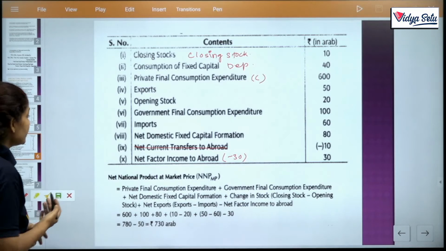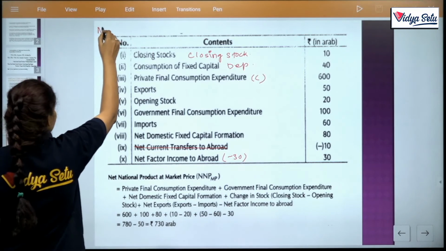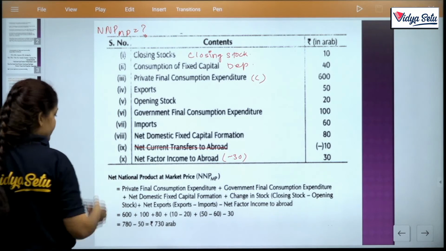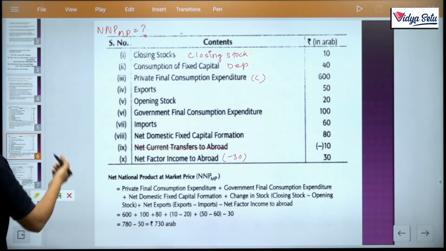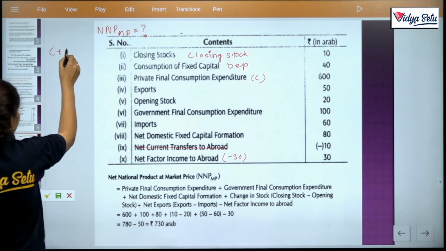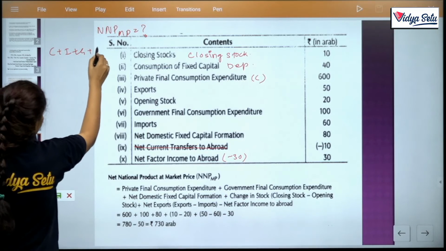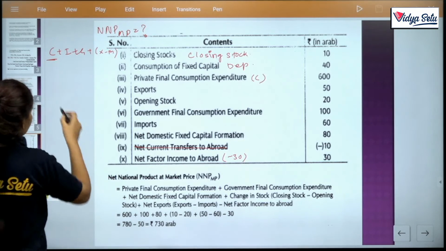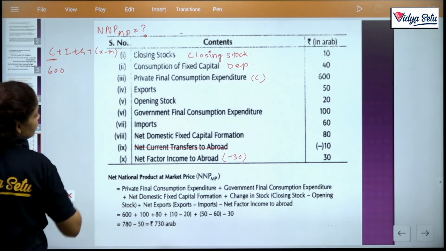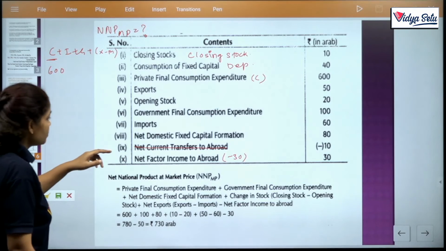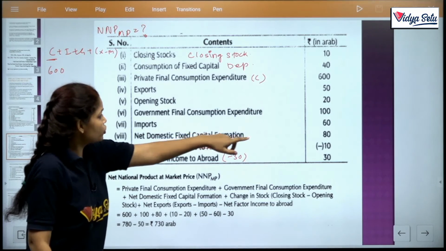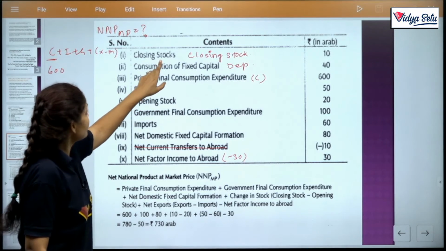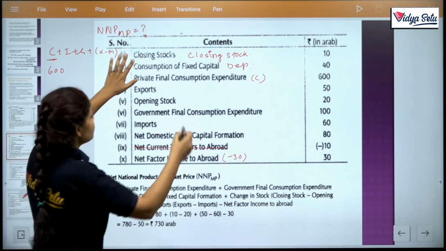So we have to calculate NNP MP. We just move step by step. So our formula is C plus I plus G plus X minus M. So C, private final consumption expenditure 600, plus investment. So investment is net domestic capital formation 80 plus change in stock. And how we calculate change in stock?